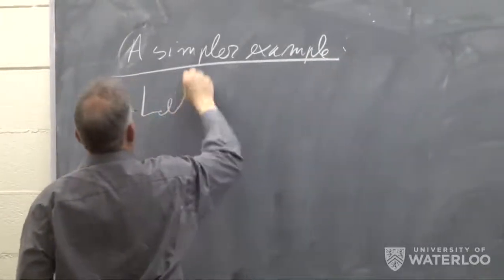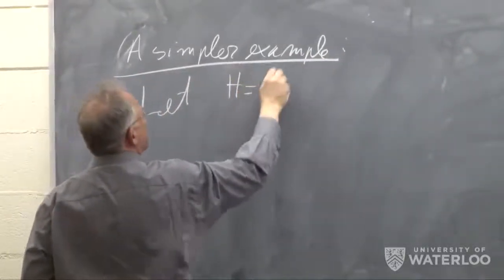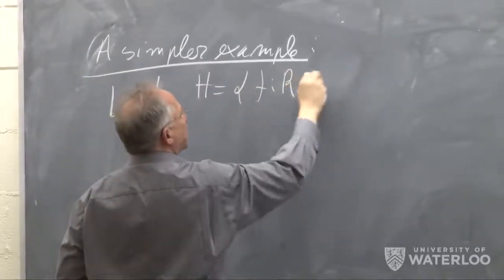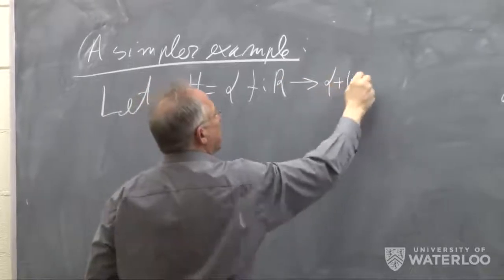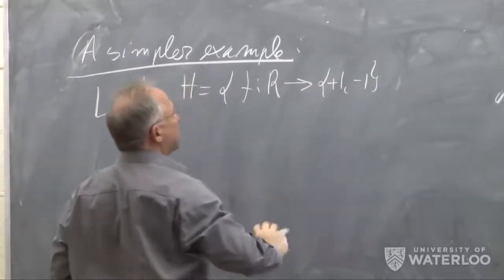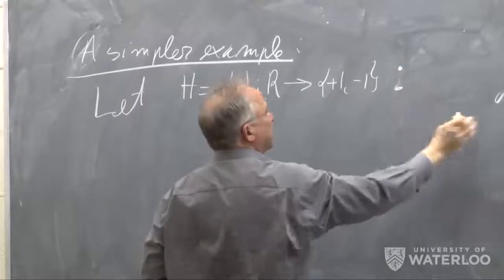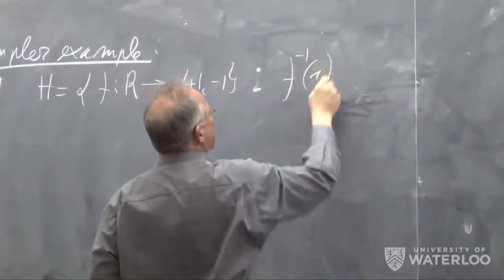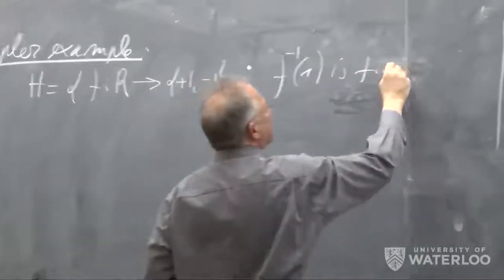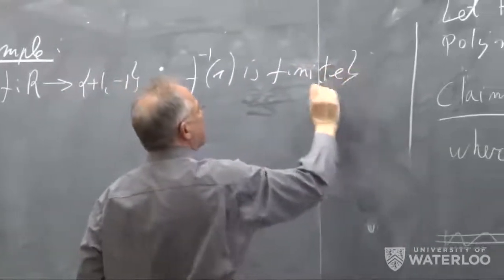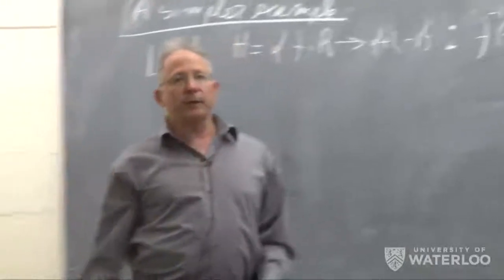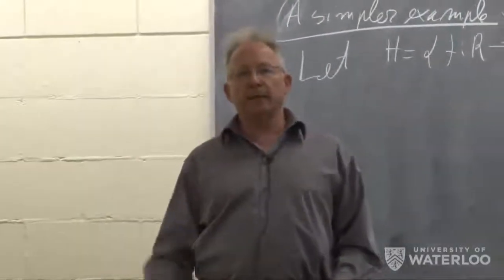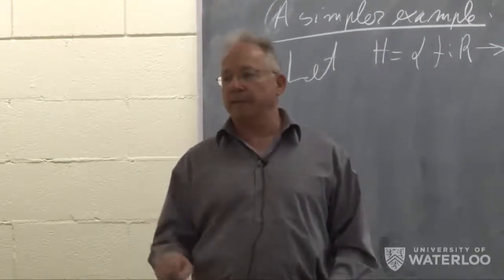Let H be the set of all functions f from R to plus 1, minus 1 such that f^-1(1) is finite. So I look at all the functions on the real line that give you only finitely many ones.